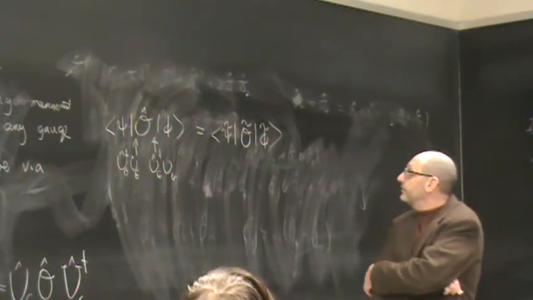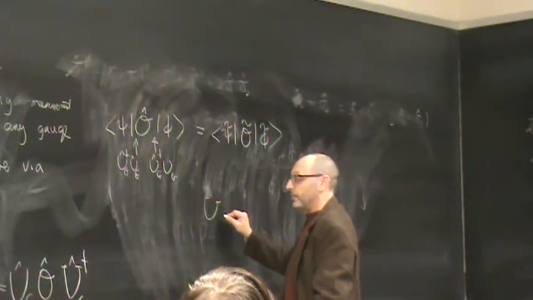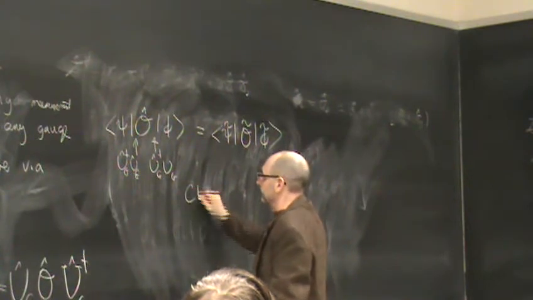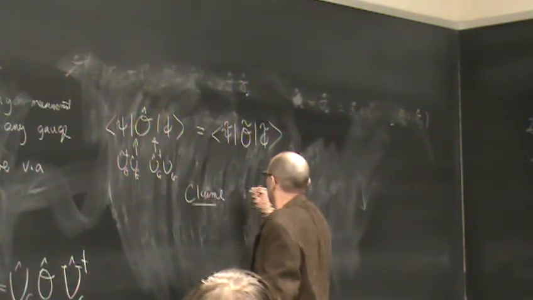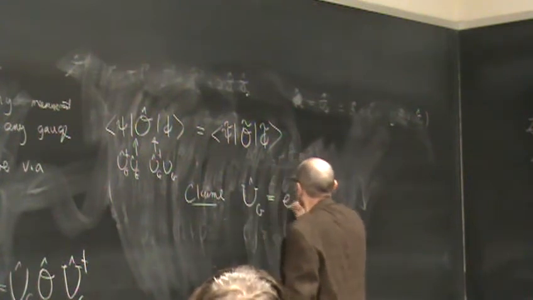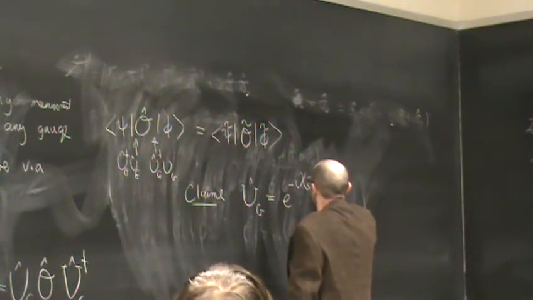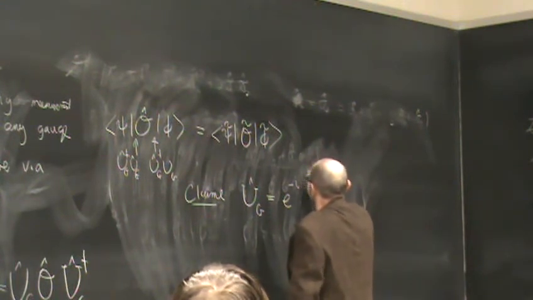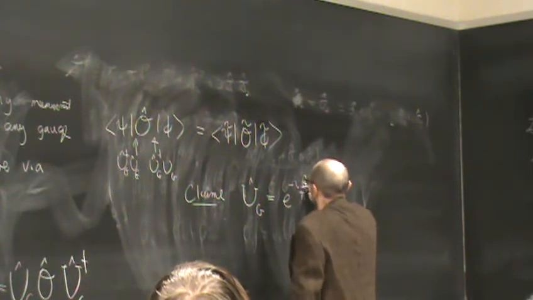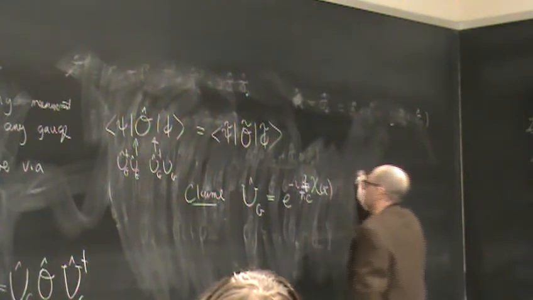All right, so what is the U? The U is simple. I claim U sub G is equal to e to the minus i q over h bar c chi of x.